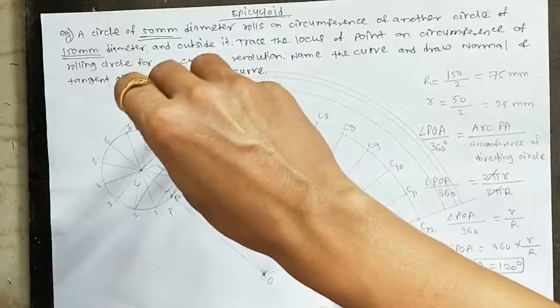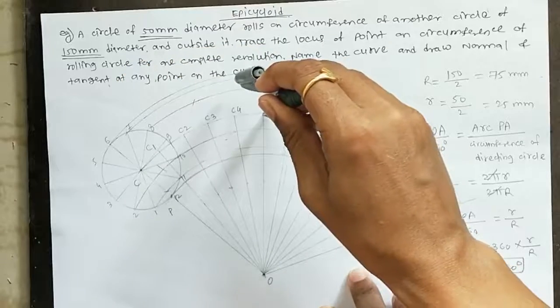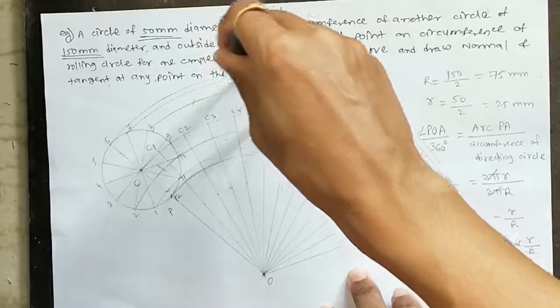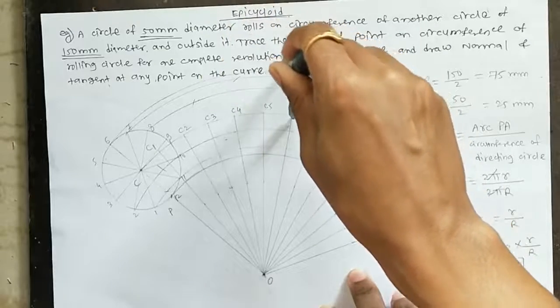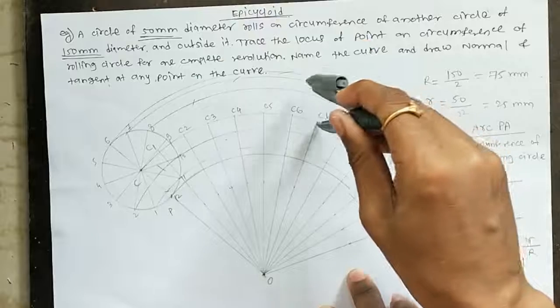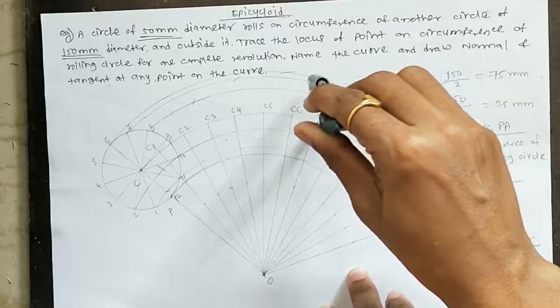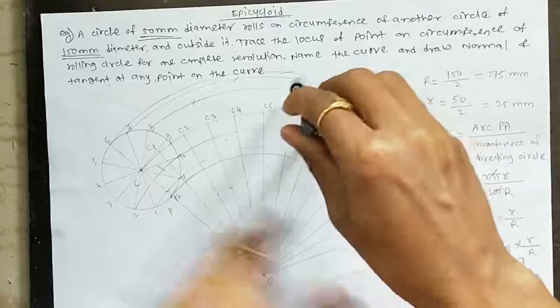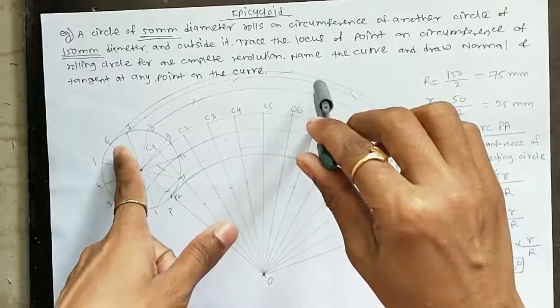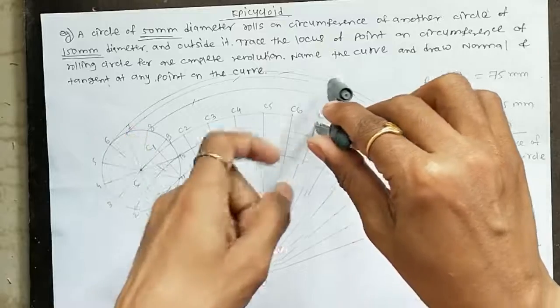That is this curve. Then point C5, draw arc. Then point C6, draw arc. Then point C7 and draw arc on the curve which is passing through point 7.